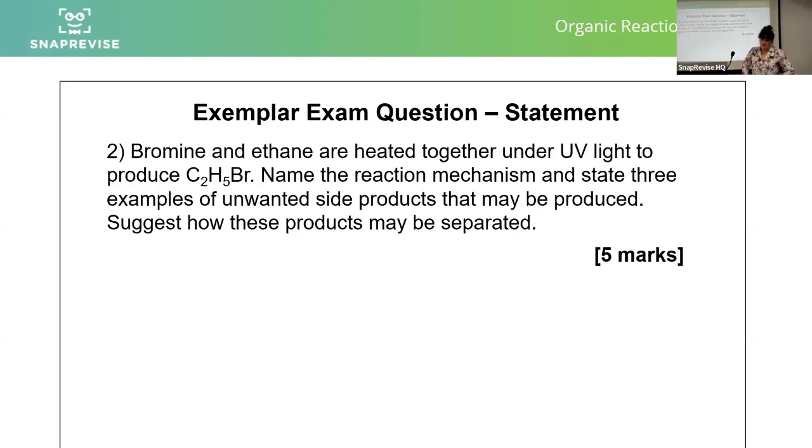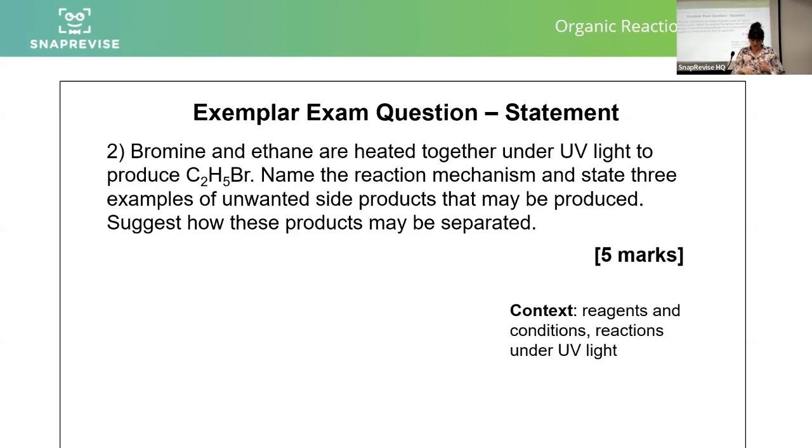So, context. Looking at what I've got, an alkane and a halogen. So my context is reactions between alkanes and halogens under UV light. Now that's the nice little flag for me, because that is the thing that makes me go, oh, free radical substitution, UV light.